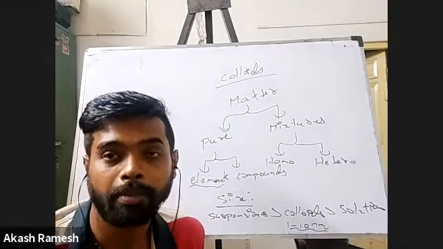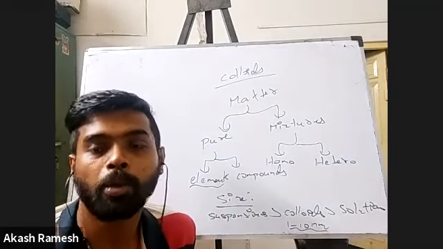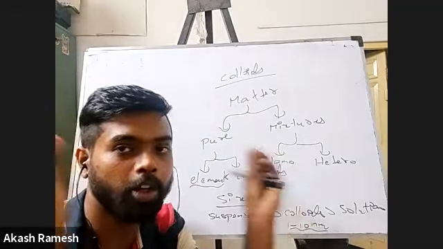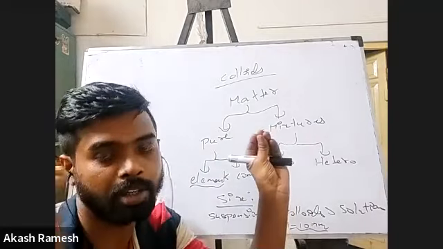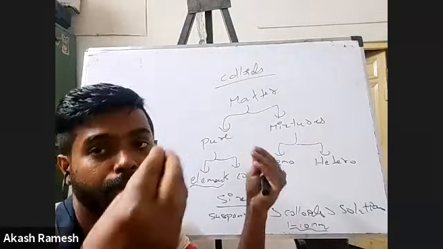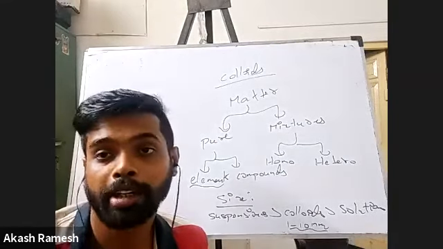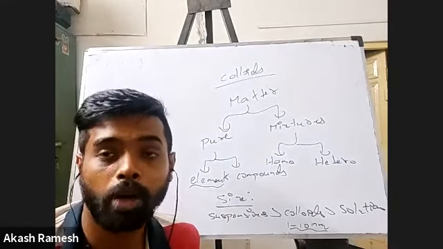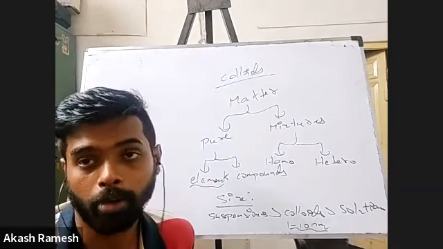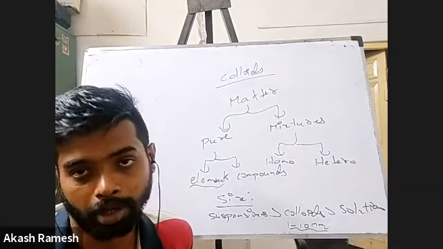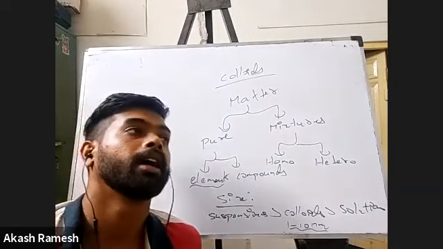Associated means small aggregates, already clusters made up of a number of substances, come together to form associated colloids. So based on how they are formed you have 3 types: macromolecular, multimolecular, and associated colloids. Okay, fine.